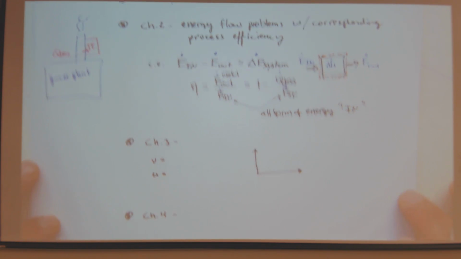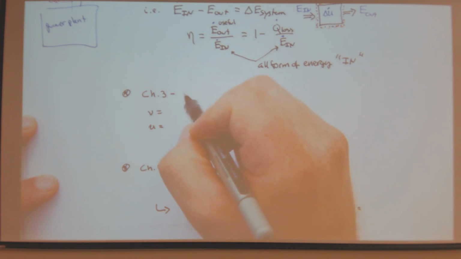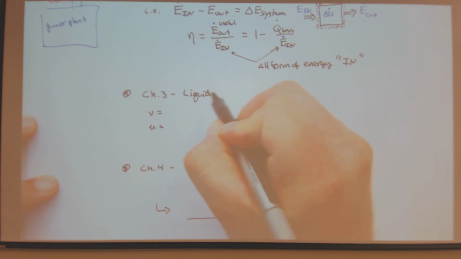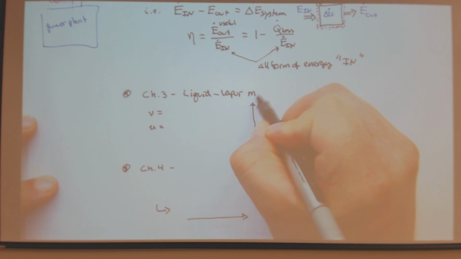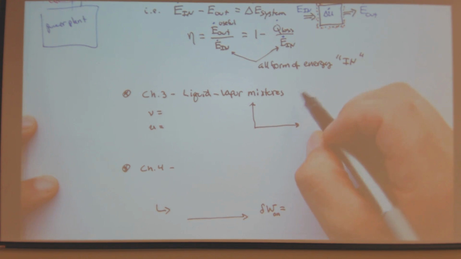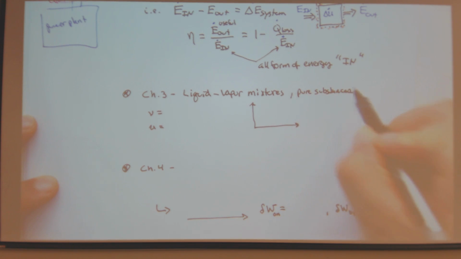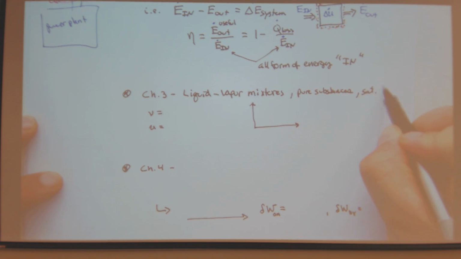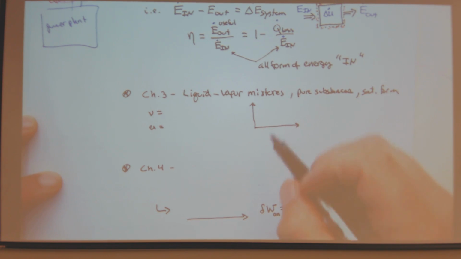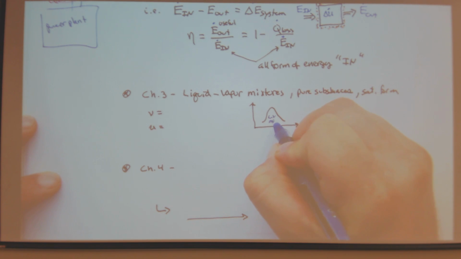Okay, and then we moved on to chapter 3. Chapter 3 was devoted to saturated or liquid vapor mixtures. And in general, we could have saturated pure substances, saturated forms, right? With regards to saturated forms, I have my bell curve, and I have the saturated liquid line, saturated vapor line. In between is my liquid vapor mixture, right?